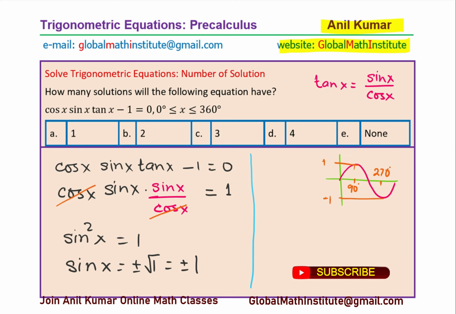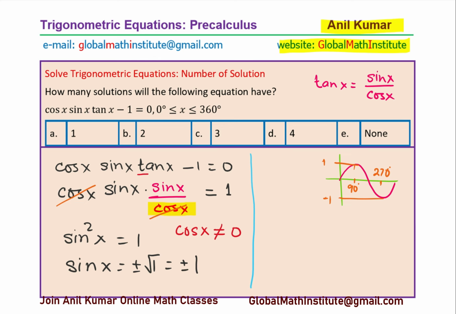However, remember one thing which is most important: cos x is in the denominator, and therefore we have a restriction. The restriction is that cos x should not be equal to 0, because you cannot divide by 0. I know it cancelled away. You might think that since it cancelled, we need not look into it.